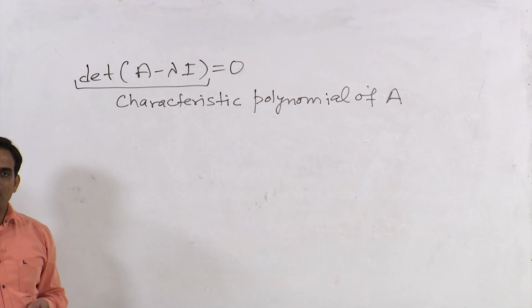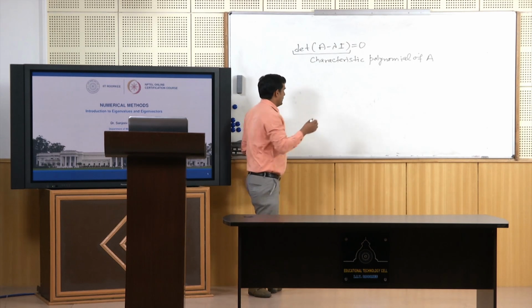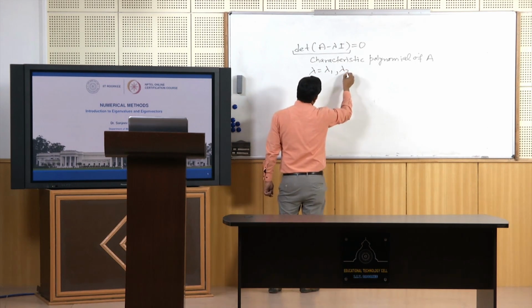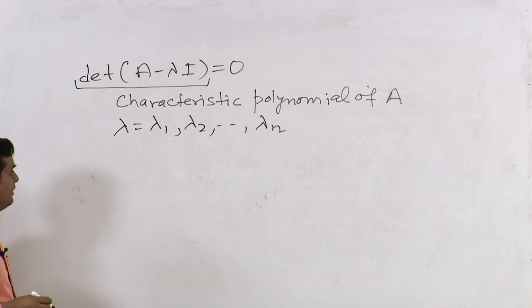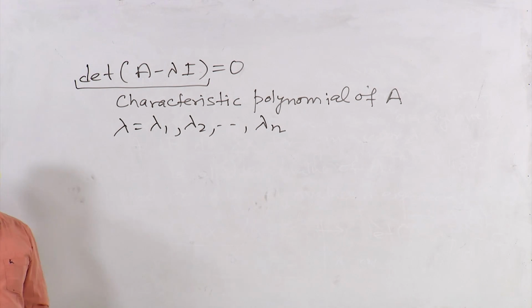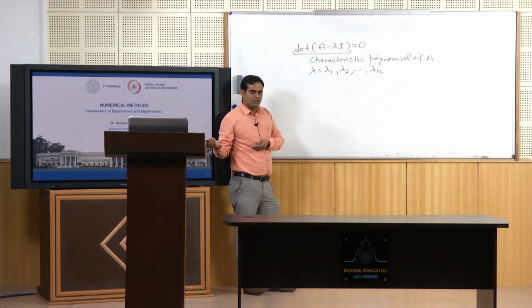Now, once you find the eigenvalues, let us say they come out as lambda 1, lambda 2, up to lambda n. Then what we need to do is find the eigenvectors corresponding to each eigenvalue.